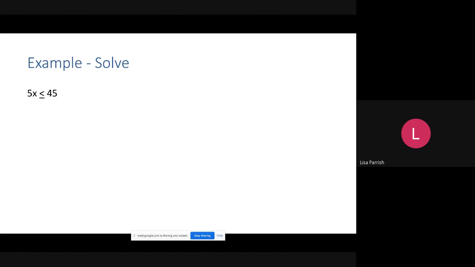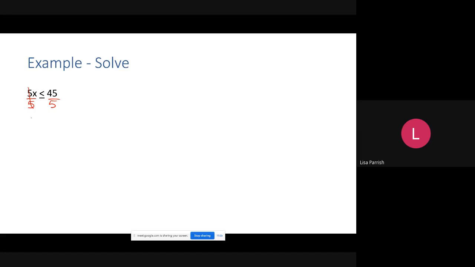5x is less than or equal to 45. Now again, 5x, 5 and x are touching, so that means multiplication. So we want to solve a multiplication equation by dividing. We want to divide both sides by 5, just like we would a regular equation.